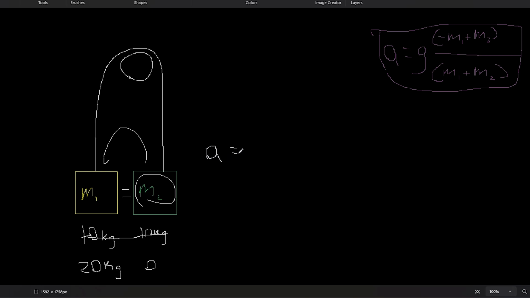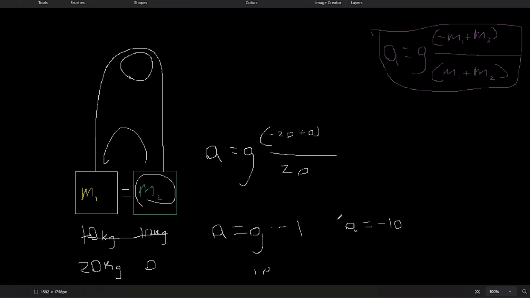Acceleration equals force of gravity multiplied by negative m1, that's negative 20, plus m2, that's 0, all over m1 plus m2, that's 20. That equals out to acceleration equals gravity times negative 1. Gravity is 10, so 10 times negative 1 is acceleration equals negative 10.